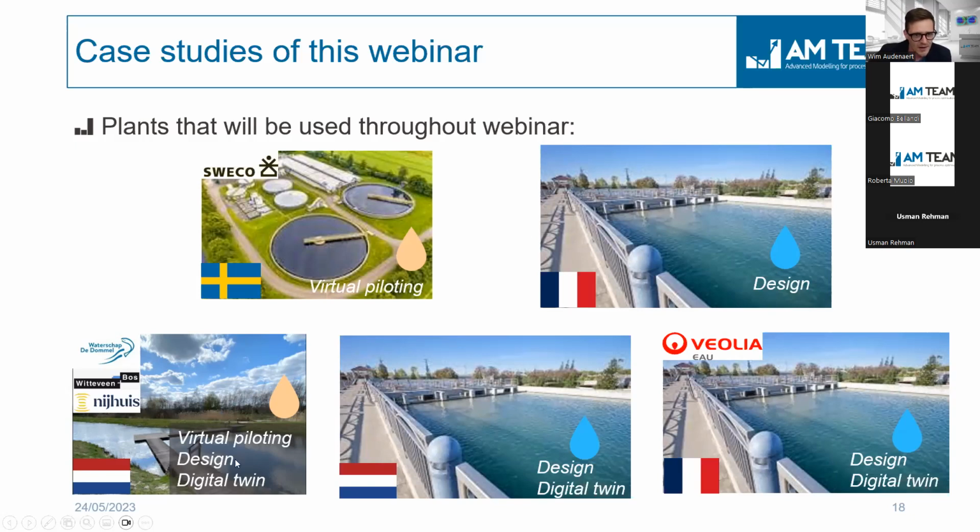Then we have another one in the Netherlands where we first did the virtual piloting in 2021. We helped with the design in 2022 and 2023, and currently we are building the digital twin. So this is a plant going through all of the stages. We have another plant from the Netherlands, a drinking water treatment plant, where we are mainly focusing on the digital twin.